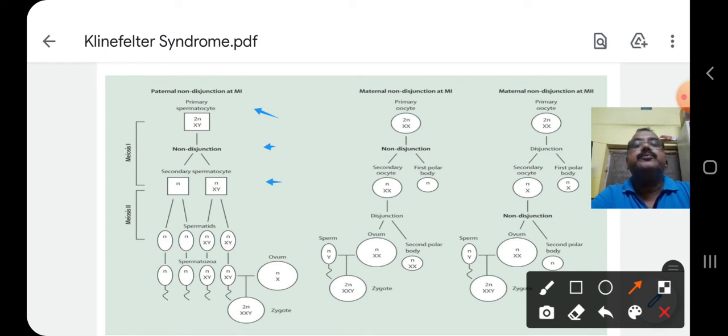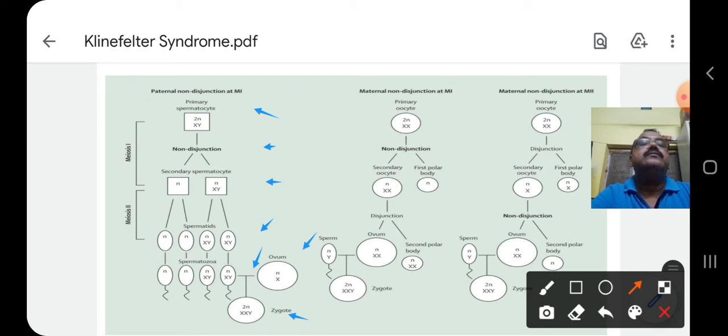Then when sperms are produced, each sperm contains XY chromosomes instead of X and Y chromosomes. That means two types of gametes are produced. When these sperms carrying XY chromosomes unite with a normal ovum, the XXY condition results.